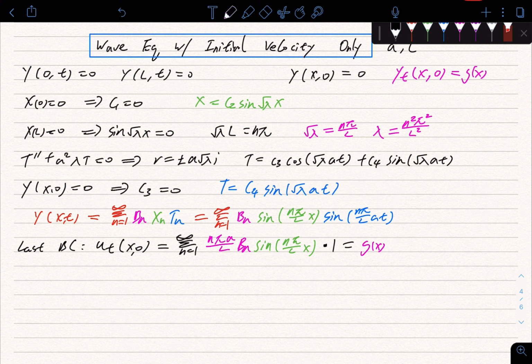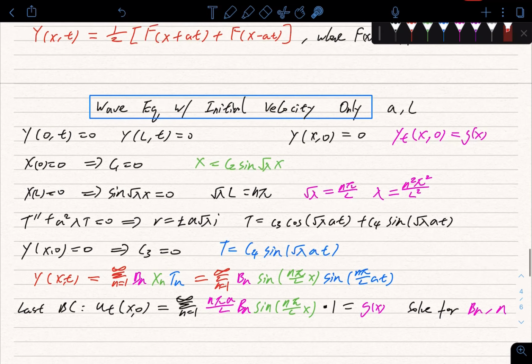And finally, solve for bn and n, and then plug them back into your solution that you just expressed above. And this is how to solve a wave equation with initial velocity only.